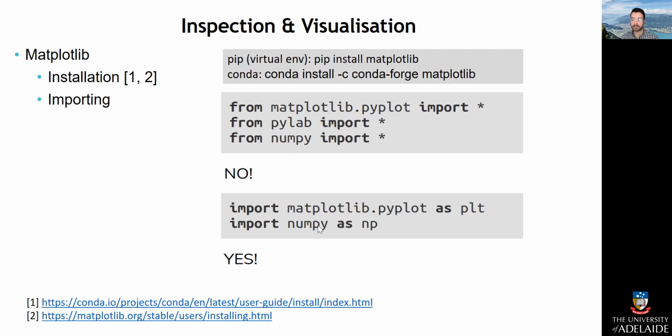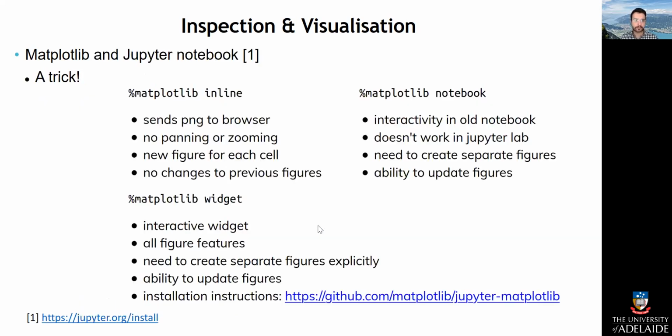If you're not familiar, NumPy is another package that gives a lot of good mathematical functionality for dealing with arrays, and it's a convention that people give it the name np. So it's good if you follow these conventions, which makes it easier both for yourself and for others if they're reading your code.